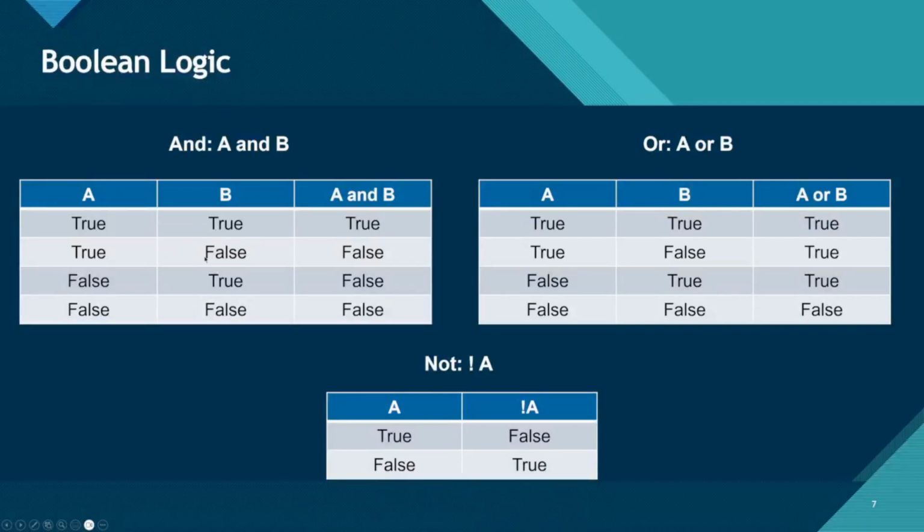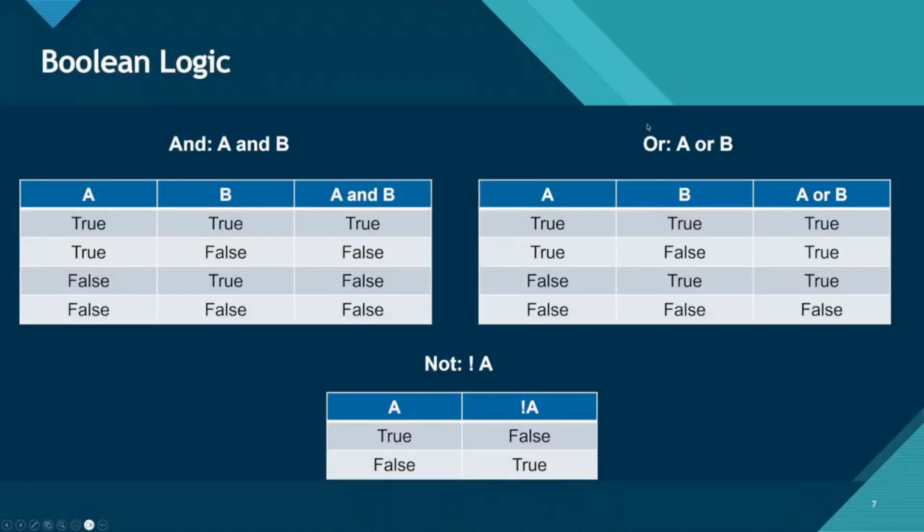And they say yes, but they didn't brush their teeth, they only washed their hands, well, then they're not telling you the truth. If they brushed their teeth but didn't wash their hands, it's also false. And if they didn't do either one, it's definitely false. So true and true is true, true and false is false, false and true is false, and false and false is false.